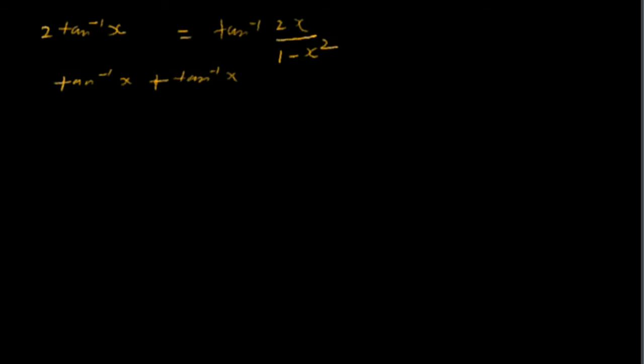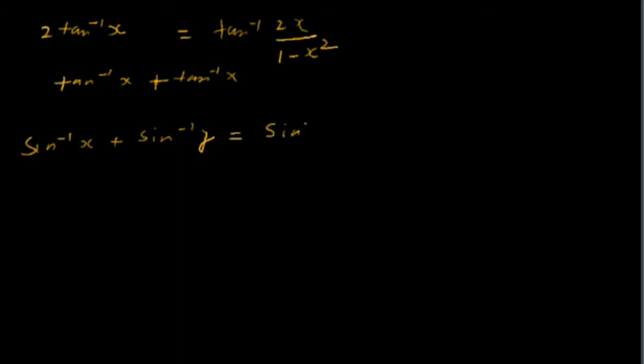Now further, if we learn the formula of sine inverse x plus sine inverse y, things will become very easy for us, because in that case we need not convert in terms of tan, and we can find it directly with the help of the sine formula.